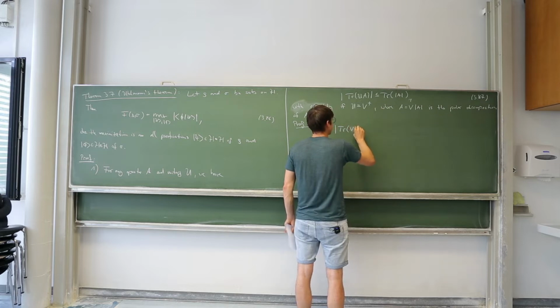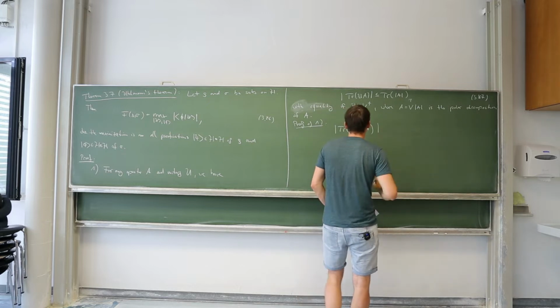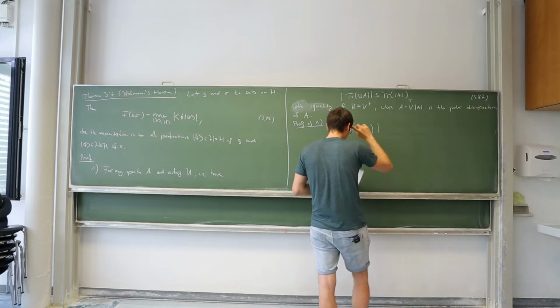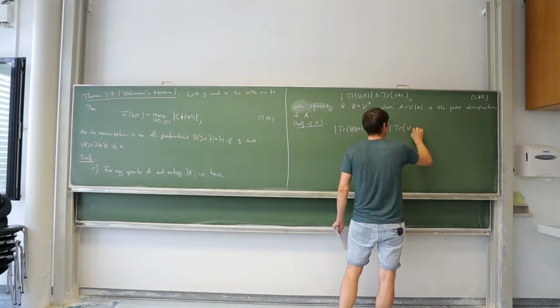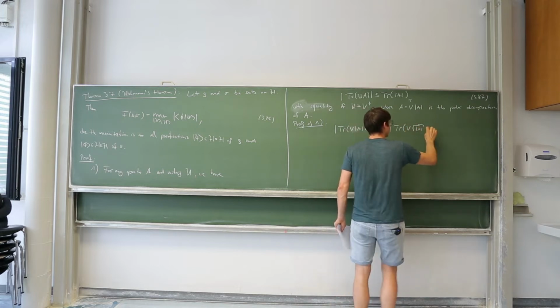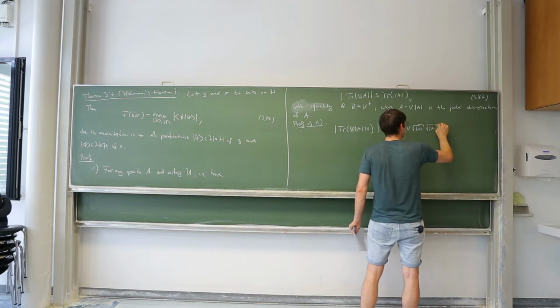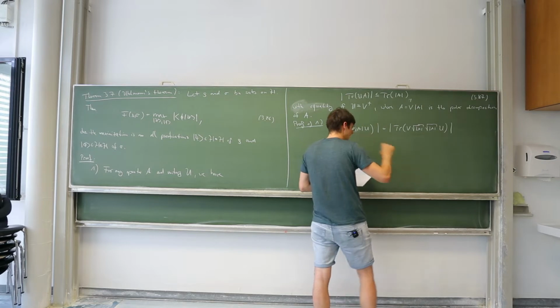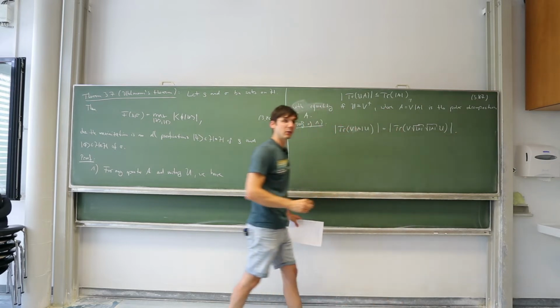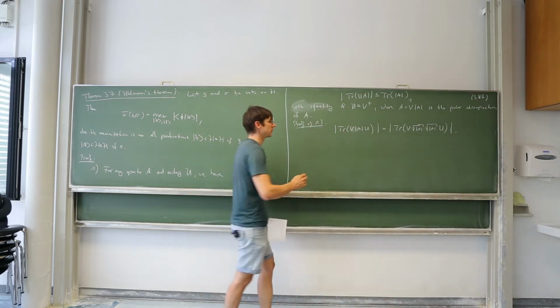So write V modulus of A U. Okay, and now we split it as trace of V times the square root of modulus A, and again the square root of modulus A U. And as a next step, we use the Cauchy-Schwarz inequality for the so-called Hilbert-Schmidt norm.